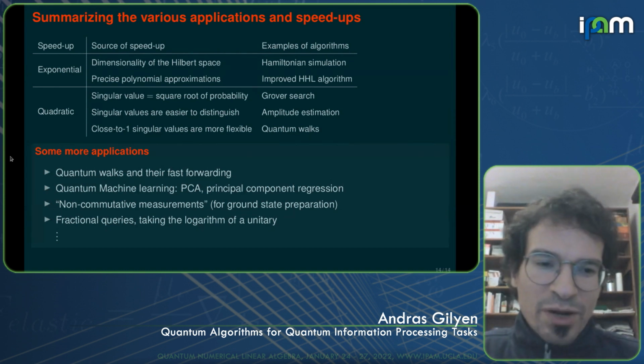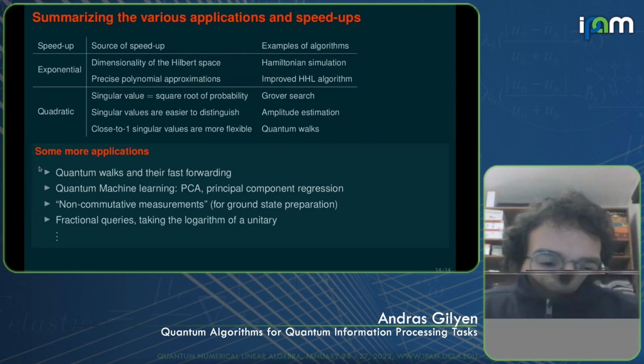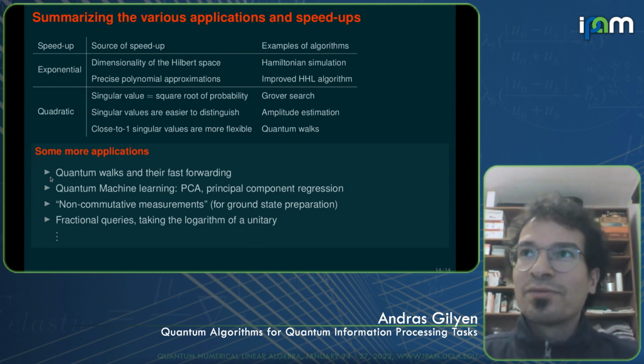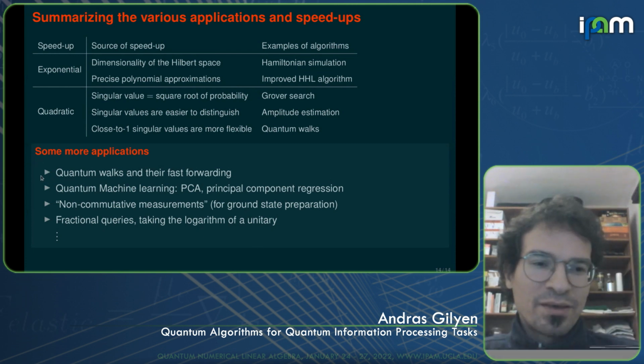And so there are many more applications of these techniques that are getting increasingly standard. And I hope that it makes sense how these information tasks are good candidates for further speedups.